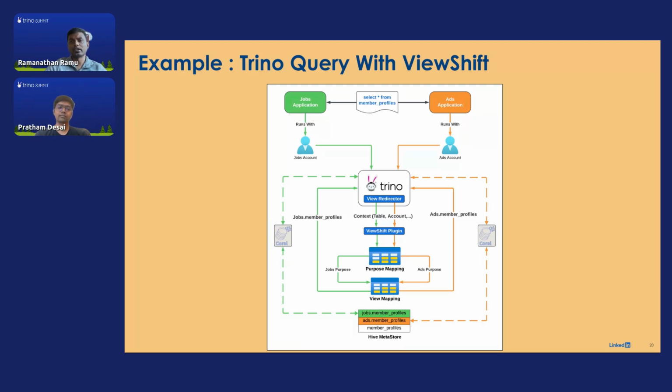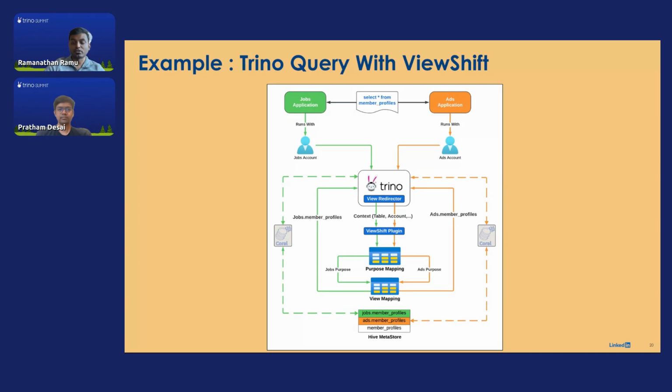Now the view redirector constructs the context, again the session object, and passes it on to the ViewShift plugin. The ViewShift plugin under the hood interacts with the purpose mapping component to figure out the right purpose for this table and the context provided, and figures that the jobs application has to be run under the jobs purpose and the ads application under the ads purpose.